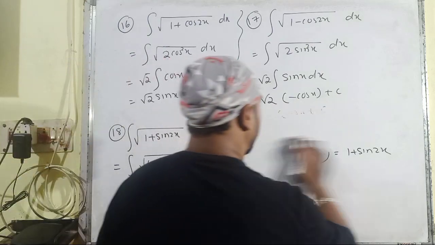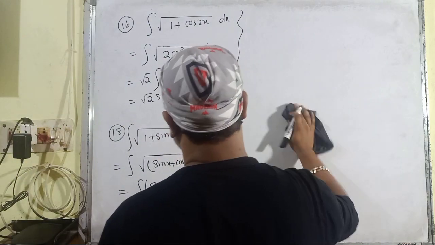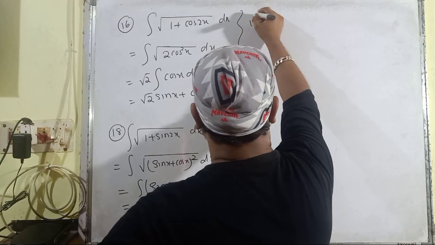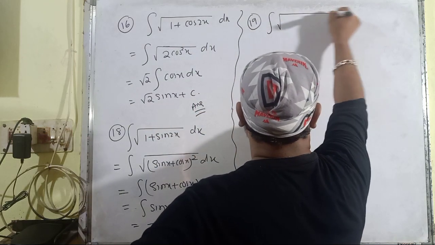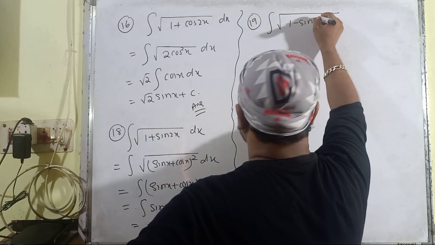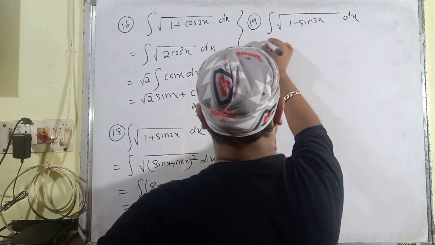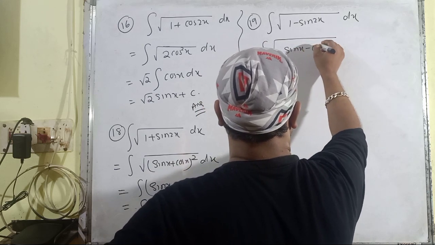Then moving to problem number 19. Integral of square root of 1 minus sin 2x. Then it will be integral of square root of the whole square of sin x minus cos x.